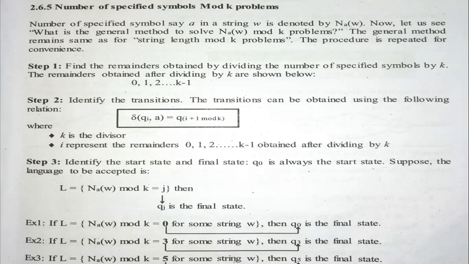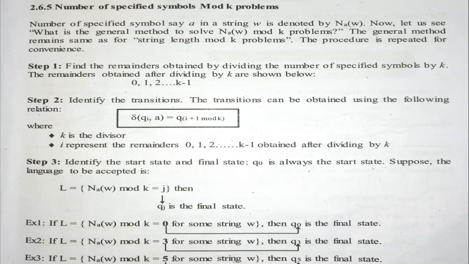The name itself indicates that in your question there will be some kind of specification regarding a particular alphabet in our string. They may ask you to design a DFA which should accept strings where the number of A's mod 3 should be equal to 0.